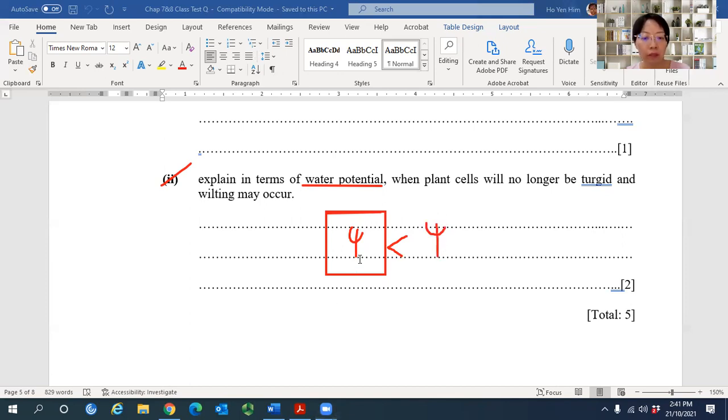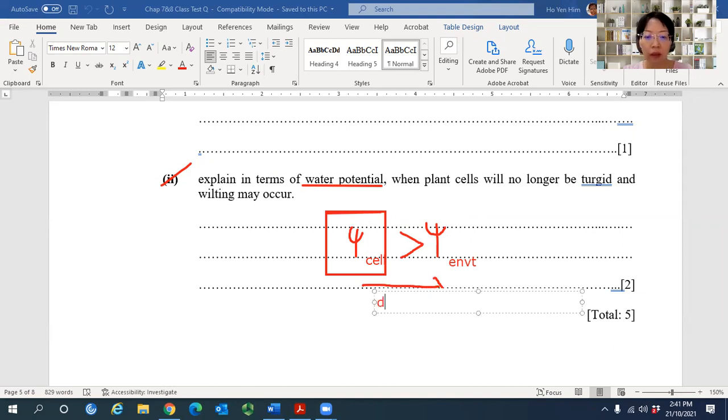So this is the cell here, and then this is maybe the environment. No, sorry, I put it the wrong way already. Sorry, this is wrong. The other way around, like this. So when the water potential of the cell is higher than the water potential of the environment, it will cause the water to move out of the cell down the water potential gradient by osmosis.